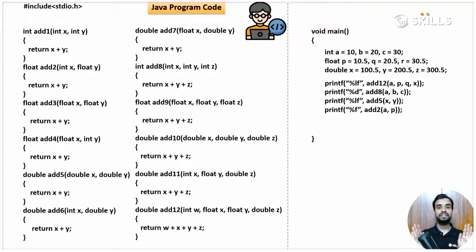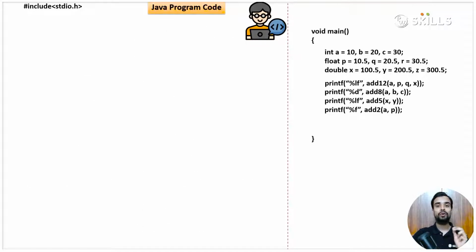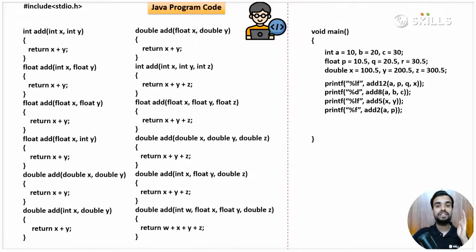Realizing that all of these 12 add methods are performing the same activity, I do not want to give them distinct names from add1 to add12. This time I am going to leverage the concept of method overloading and code all of the 12 methods with the same name, add.